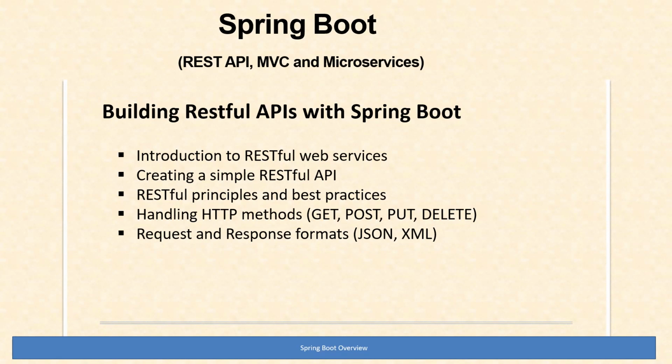So we are going to discuss Postman as well, and we are going to access the services with the known endpoints. And we also see how the binding happens from JSON to your Java object and vice versa. And we'll understand these formats, JSON and XML formats, which are all related to RESTful API.